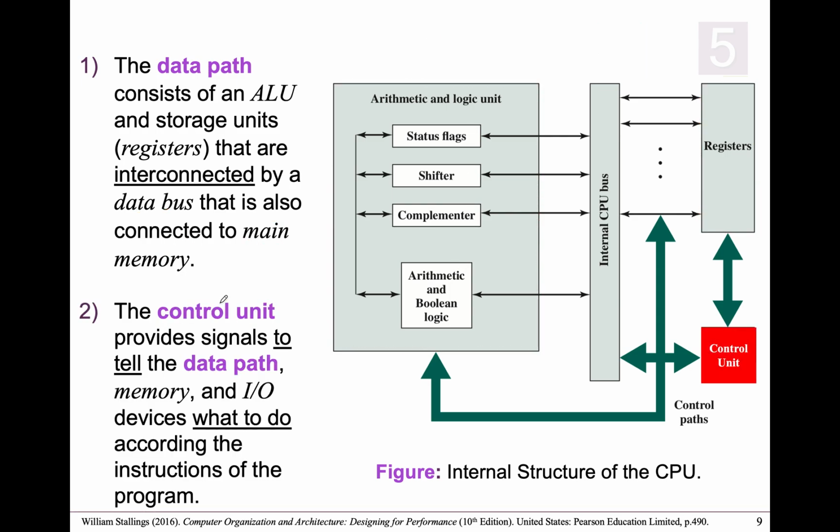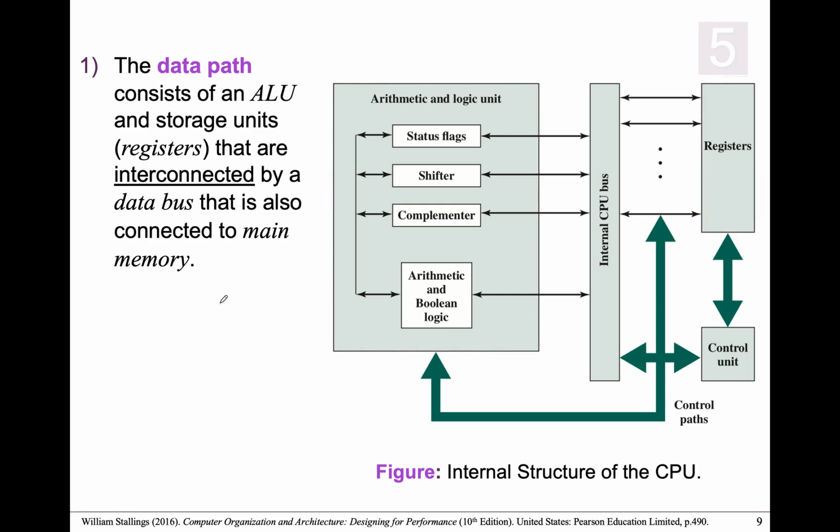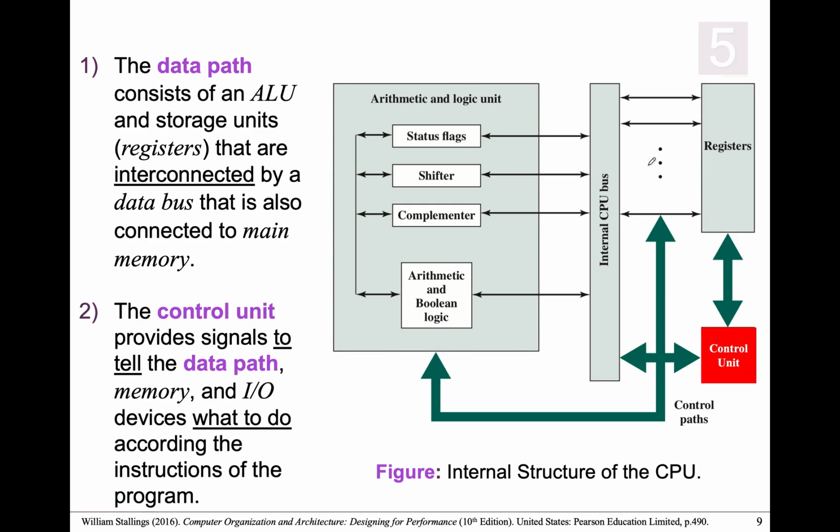Next, you can see the red color now is your control unit. The control unit provides signals to tell the data path. So this control unit is going to give a signal to the data paths.